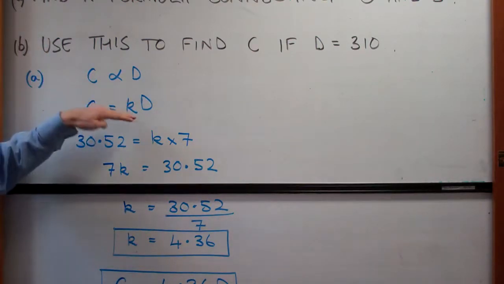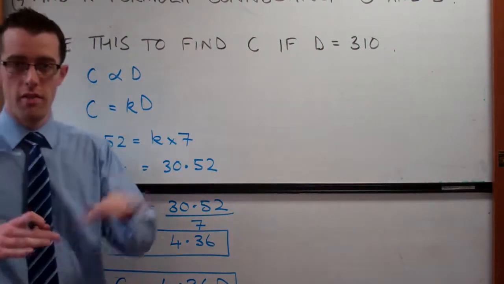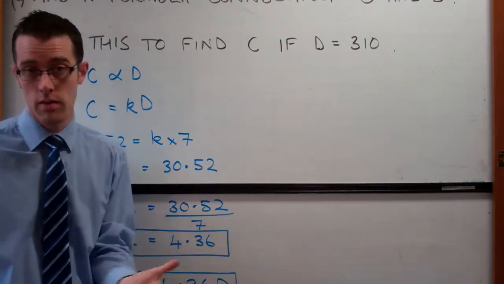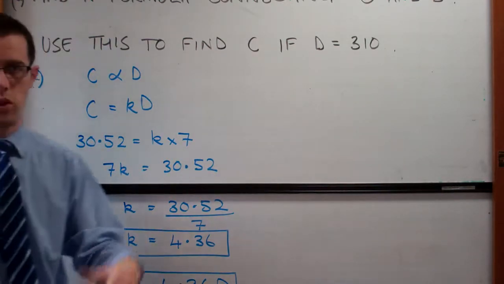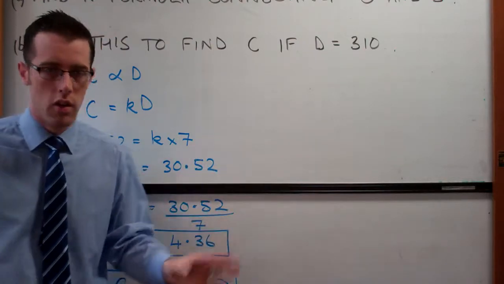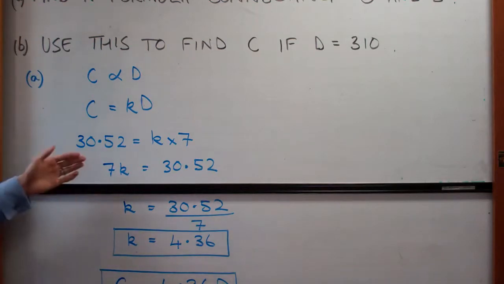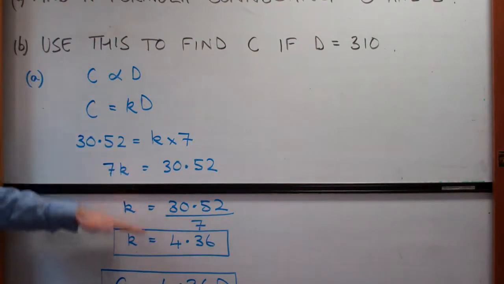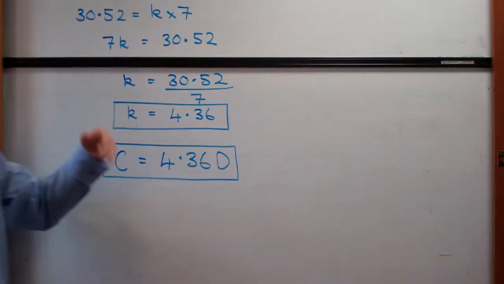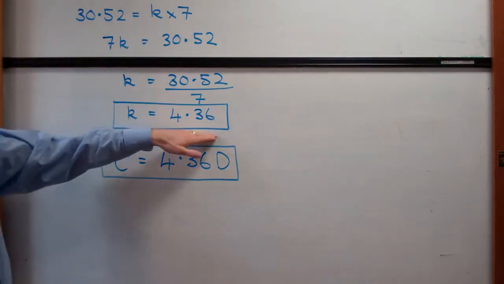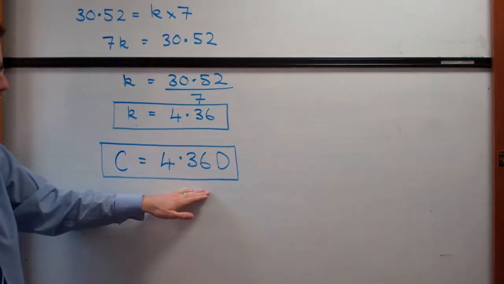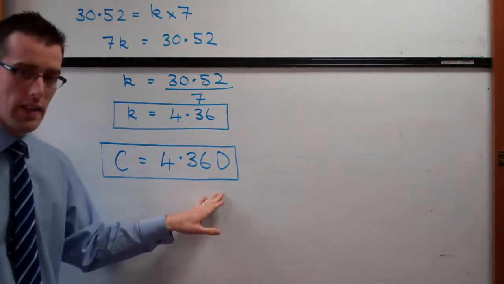Okay, because we know that it must be multiplied by some constant if it varies directly. Remember, a constant is just a number. Okay, in this case it's 4.36, it could be 2, it could be 10, it could be 0.5, it's just a number that we multiply by to get to the next value. So, working through the algebra, and remember you can rewind this if you want, you get to 4.36 and we get a formula relating C and D together.